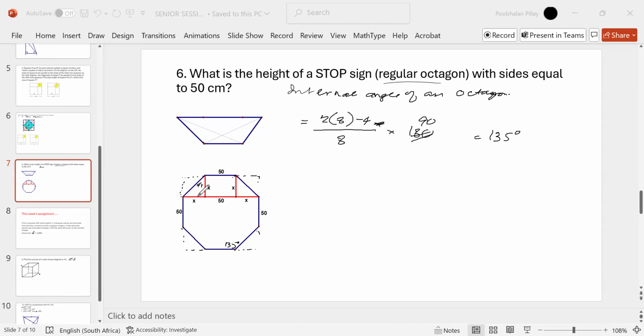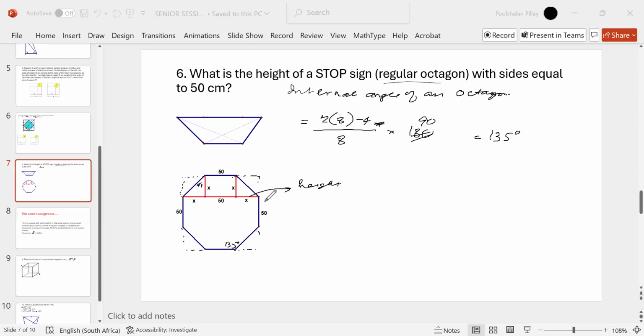Now, what I've done here is that I've drawn this line. This is your height. The question was to find the height of the stop sign. The height, you will say, is really from here to here. But that's exactly the same as this. This is tilted, right?